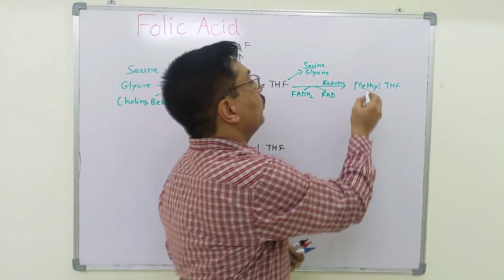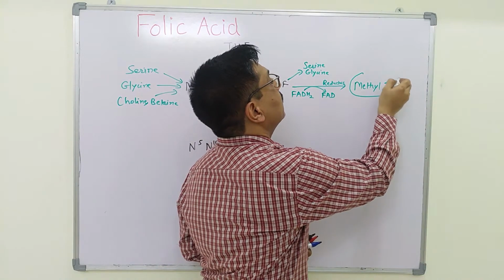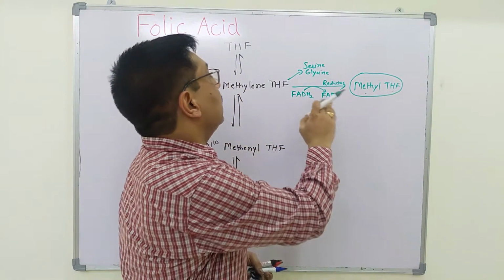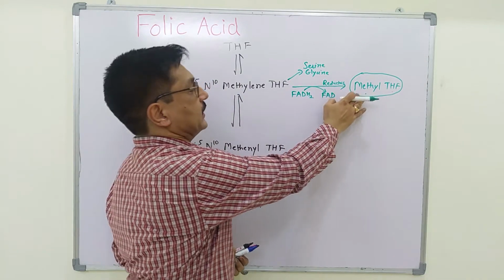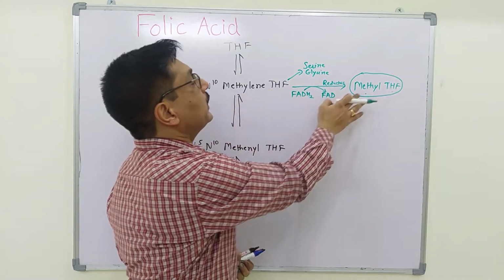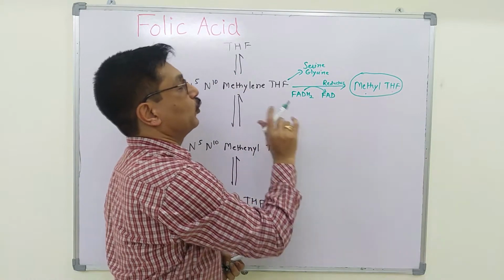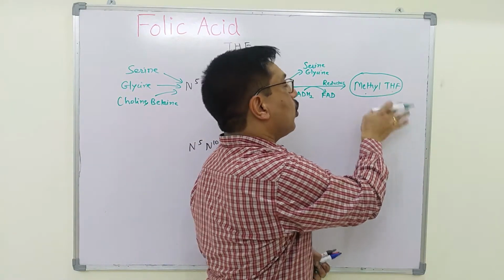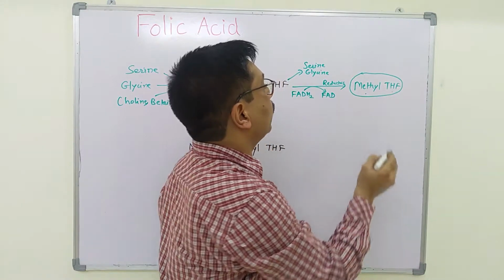Most of the circulating form is in this methyl tetrahydrofolate. This is an irreversible reaction. So methylene tetrahydrofolate cannot be formed from methyl tetrahydrofolate. So this is the circulating or storage form of tetrahydrofolate.